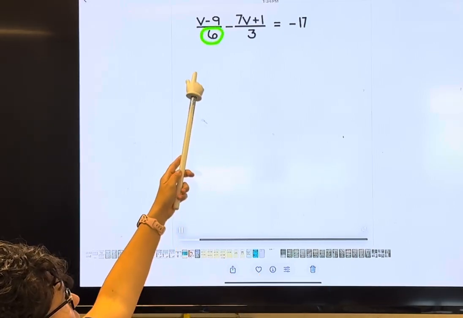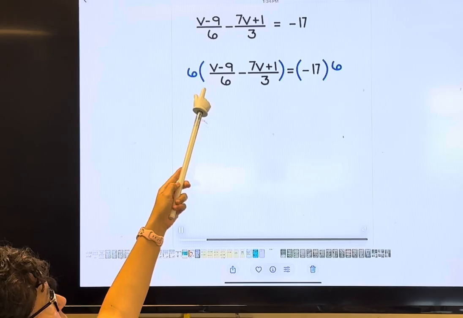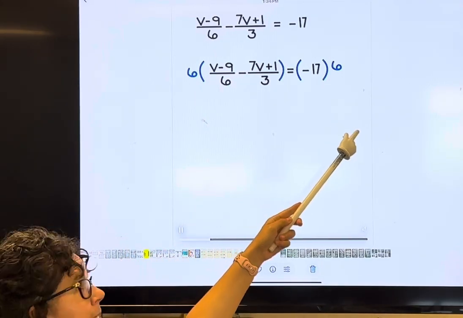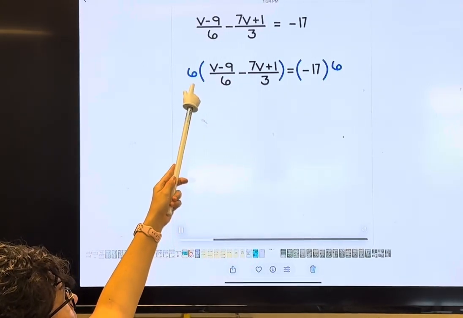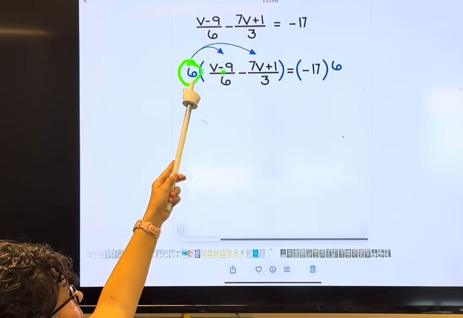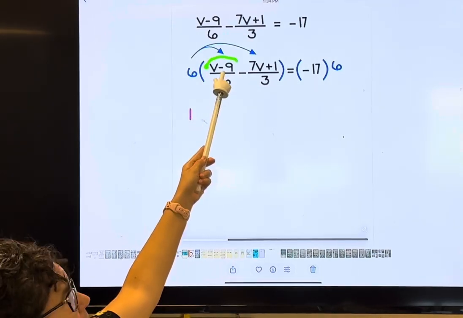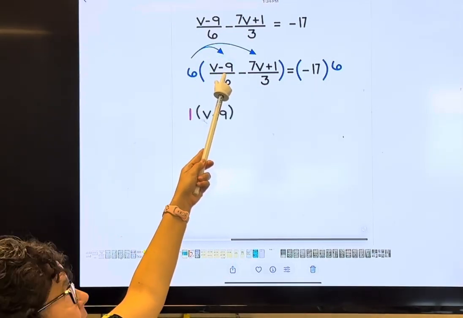Try to run you through this quickly here. So 6 and 3, we're deciding on 6. So notice I'm multiplying both sides by 6. When you multiply, you're going to need to distribute that through, and essentially you take the number out front divided by the denominator, write the answer, and then put the numerator in parentheses.